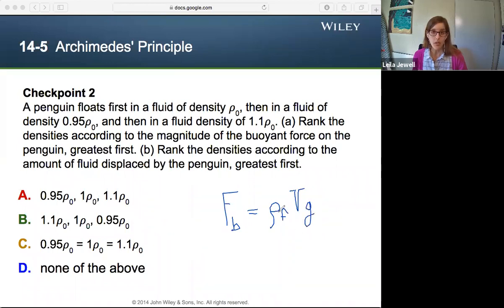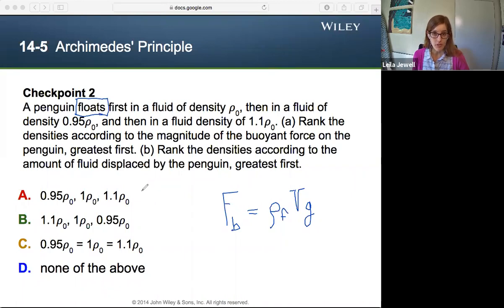So, okay, if the fluid is more dense, then it's going to be a larger buoyant force. That's one line of thought. We have one more key detail here, though. This is a really subtle one, but it's an important one. And that's that it mentions the penguin floats. It floats first in one case, and then it floats in another, and then it floats in another. So it keeps mentioning this floating.